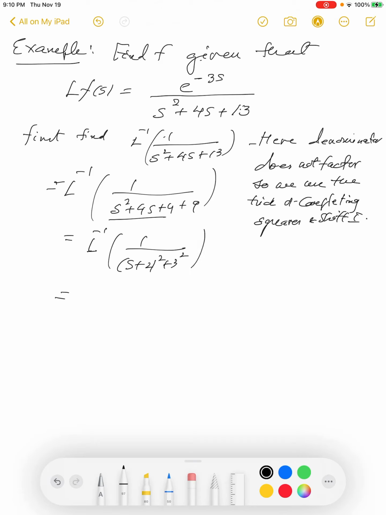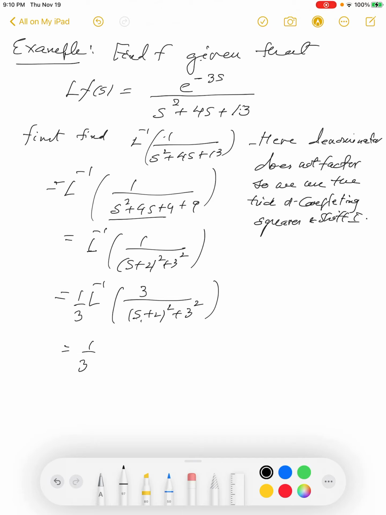So you see, without the plus 2, this would be 1 over s square plus 3 square. That should hint at looking at sine of 3t, but the Laplace transform of sine of 3t will give you 3 on the top, which I don't have. So I put 3 on the top, and then you have to divide by that 3, which I take outside. Without the shift, the inverse transform is sine of 3t.